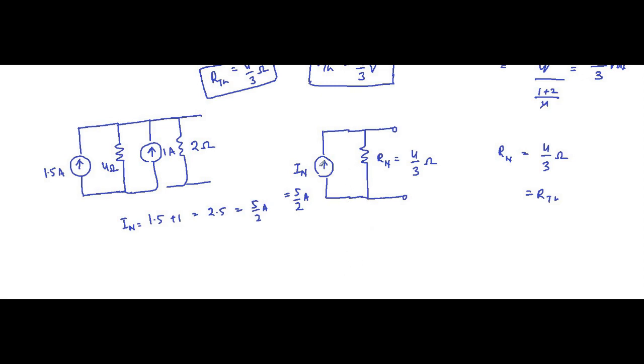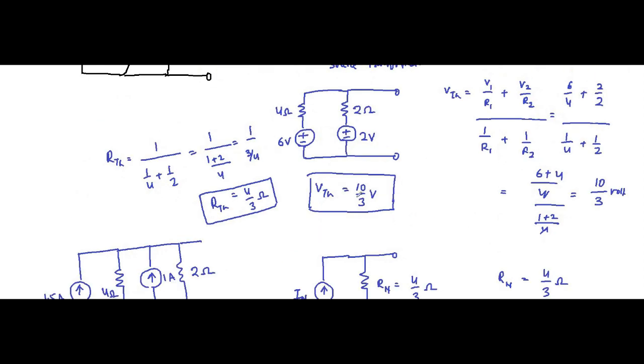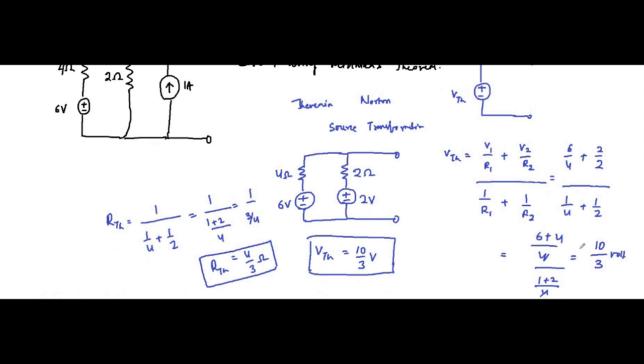Simply multiply IN and RN to get VTH. VTH is IN multiplied with RN, which is 5 by 2 into 4 by 3, equal to 10 by 3 volt. See, we calculated VTH equal to 10 by 3 volt, the same way.